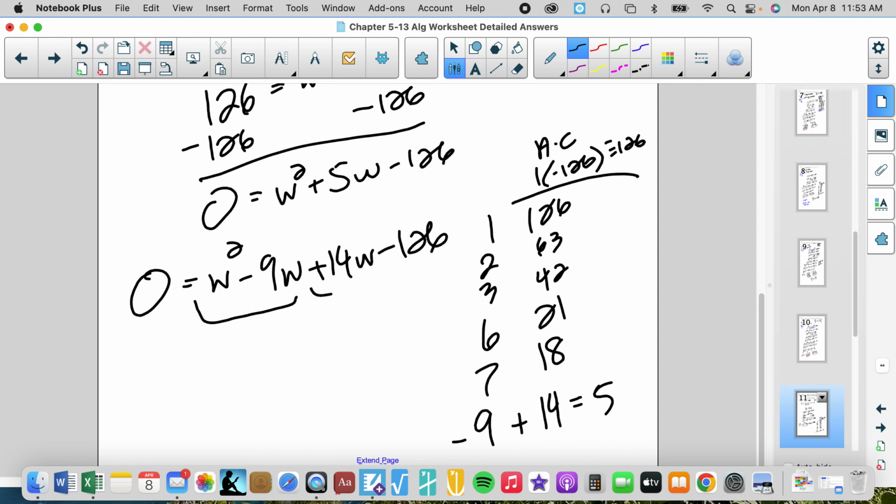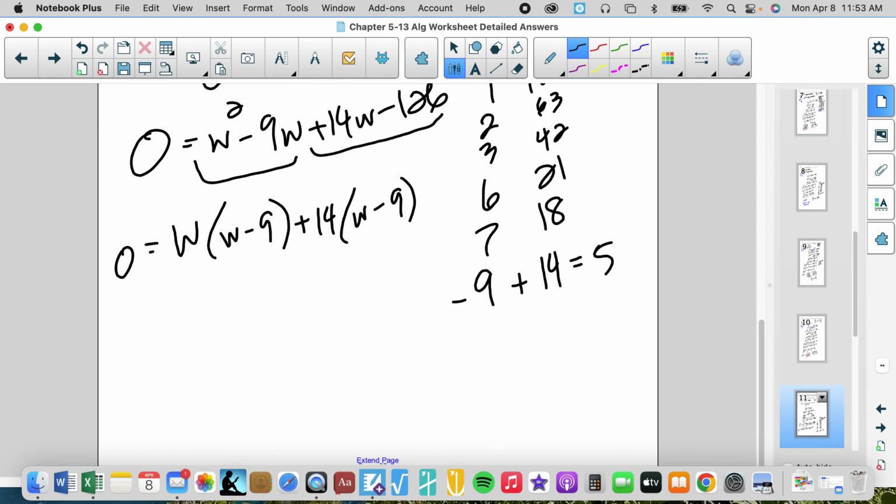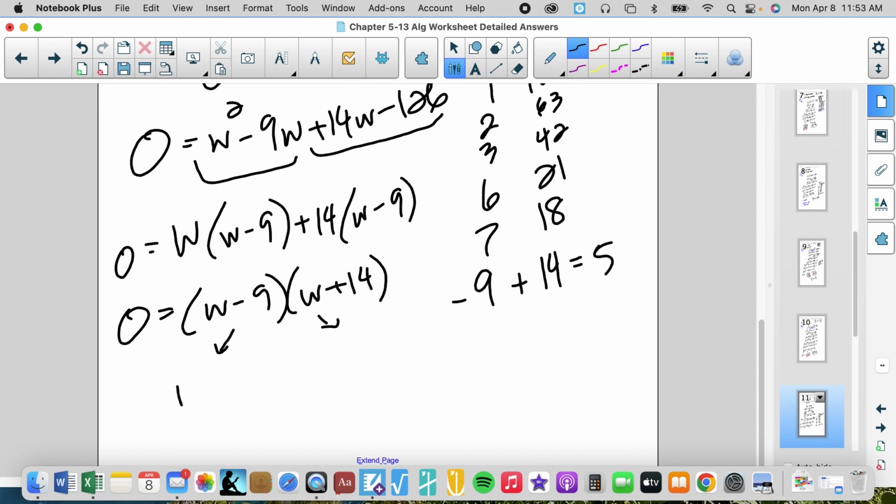We'll factor by grouping. We get 0 equals W times the quantity W minus 9 plus 14 times the quantity W minus 9. 0 equals W minus 9 times W plus 14. Set each equal to 0. W equals 9.